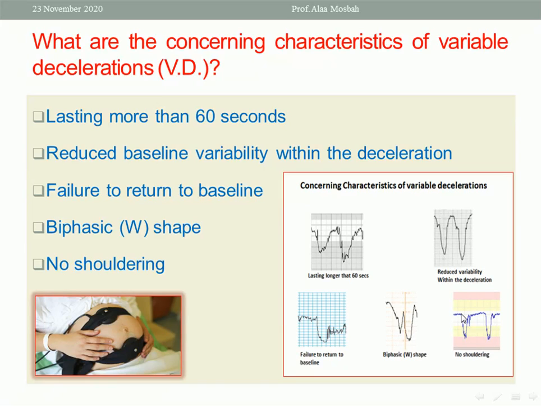Here there is no acceleration, so no shouldering. Only deceleration without shouldering is one of the important concerning characteristics of variable deceleration, making it abnormal, okay, according to the NICE guidelines.